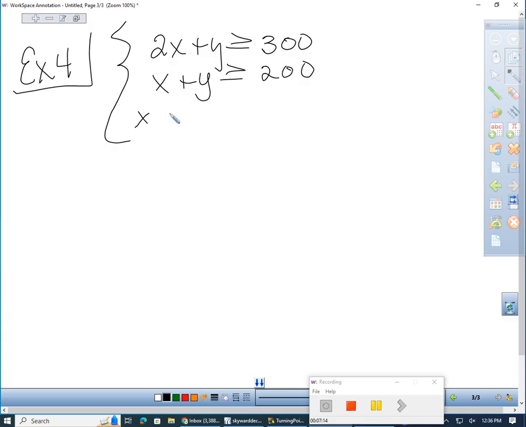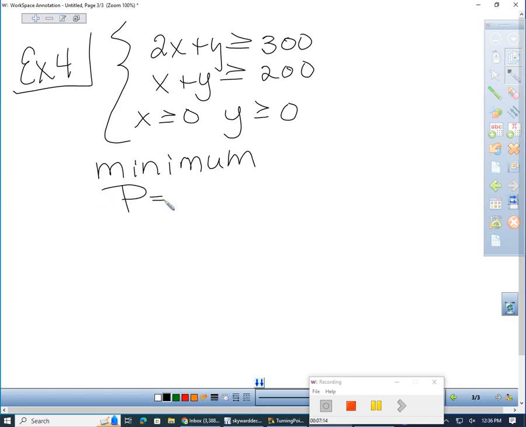And let's do x is greater than or equal to 0, and y is greater than or equal to 0. And let's say that we want a minimum for the profit equation. P equals x plus 3y.